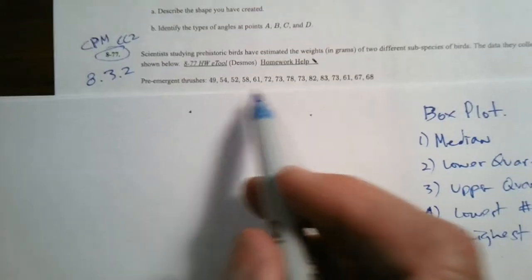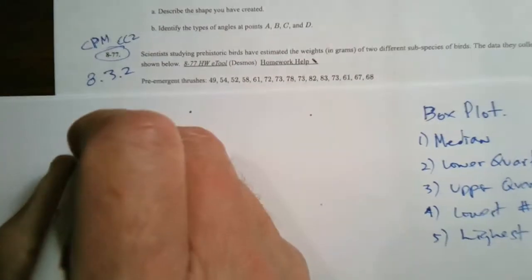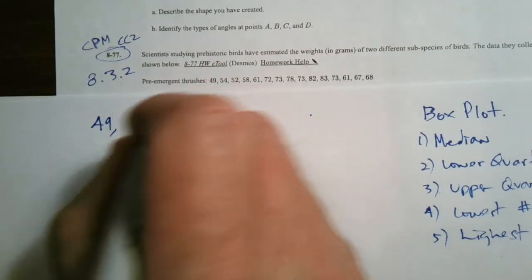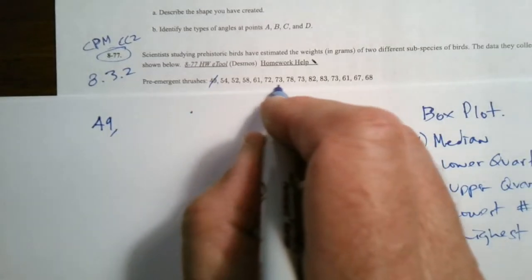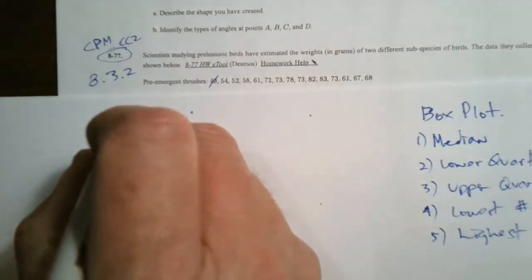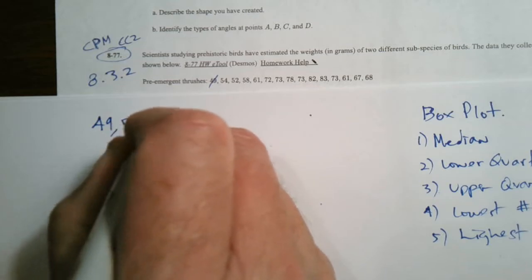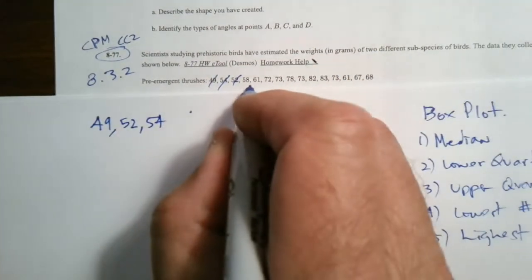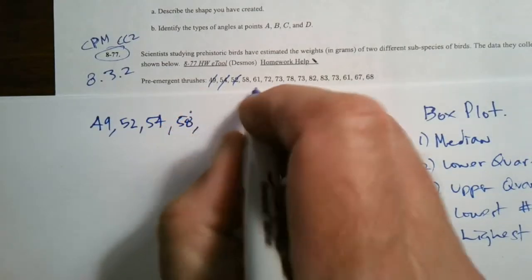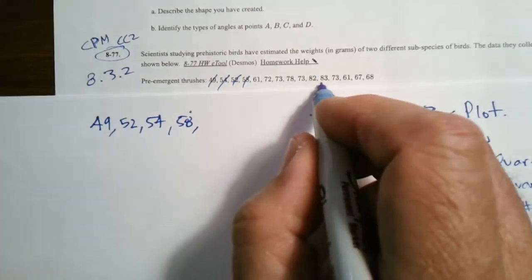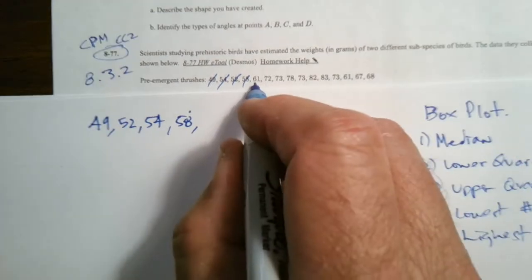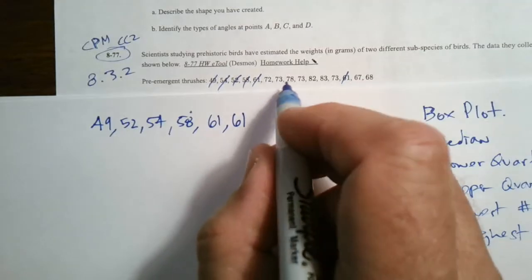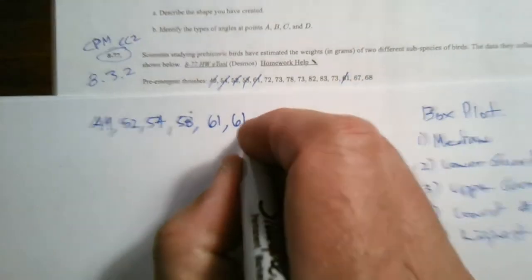Let's start with the smallest, looks like 49. And I'm going to cross off as I go. Then looks like 52, then 54, then 58. And I'm in the 60s now, so I've got two 61s. And then I've got a 67 and a 68.